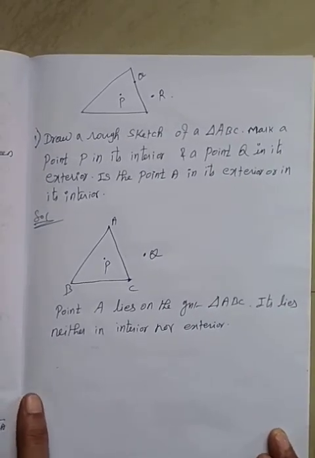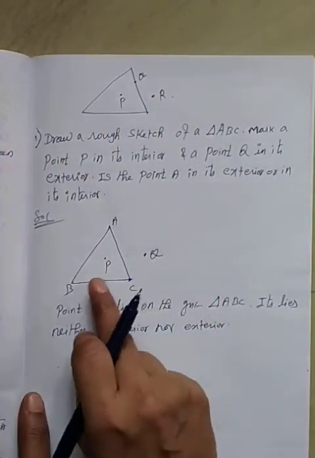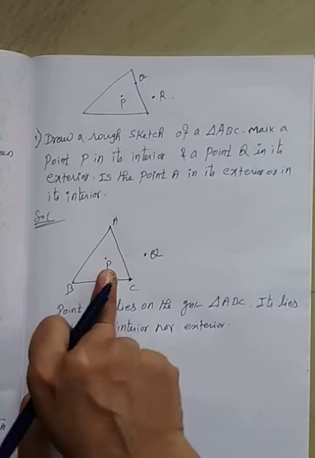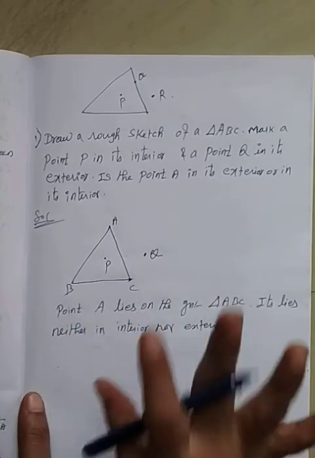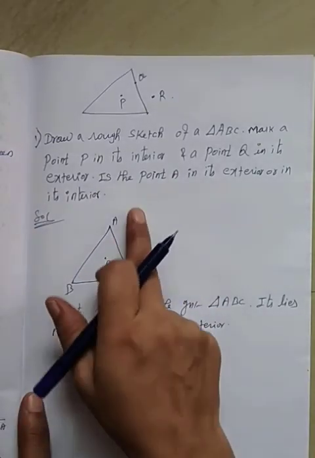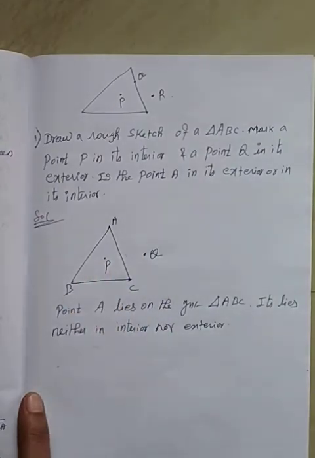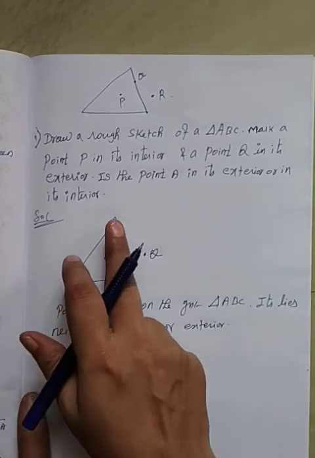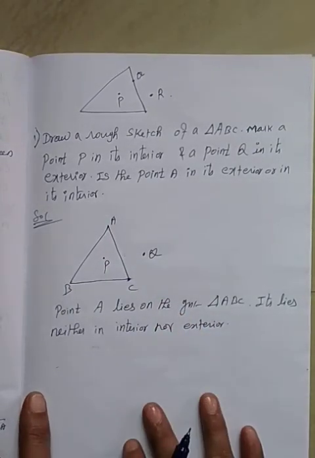You have to draw the rough sketch for ABC. Mark a point P in its interior and a point Q in its exterior. In this one, is point A in its exterior or in its interior? That is the question. Now, how can you find it out?